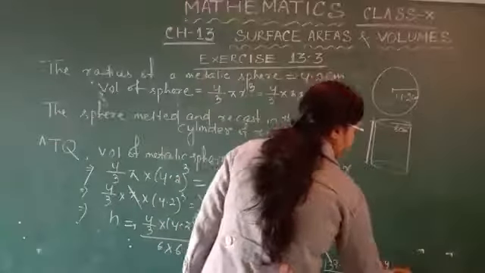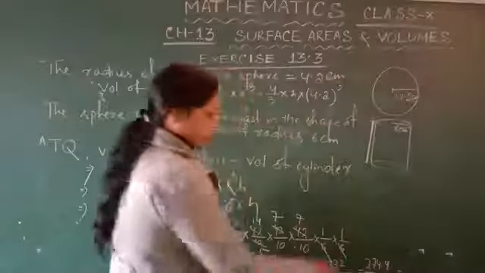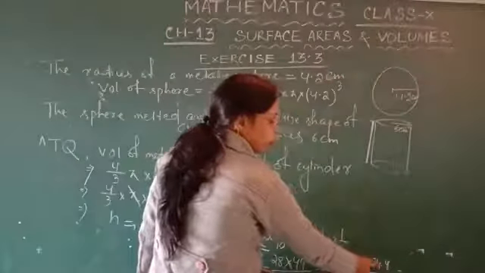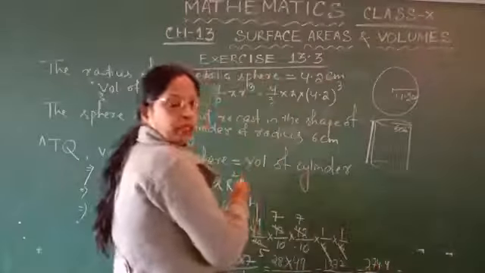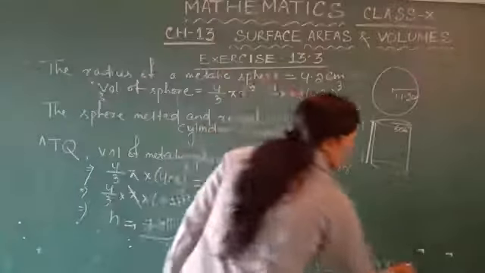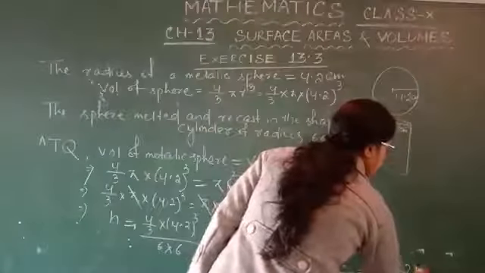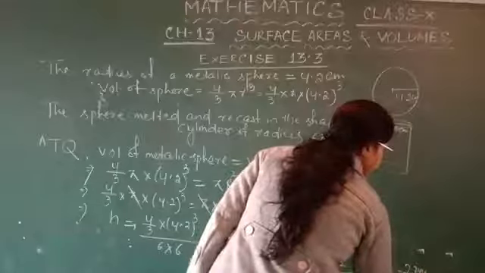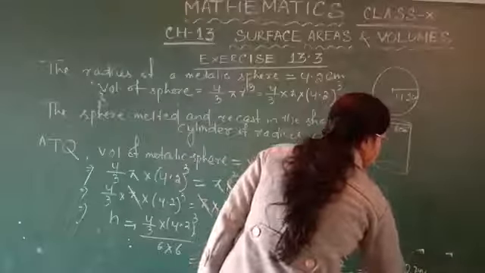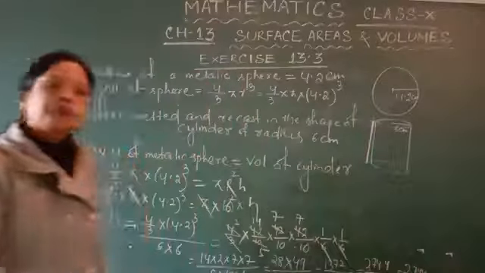When it is divided by 100, the decimal point moves back 2 places. So it will be 2.744. That is 2.74 centimeter.